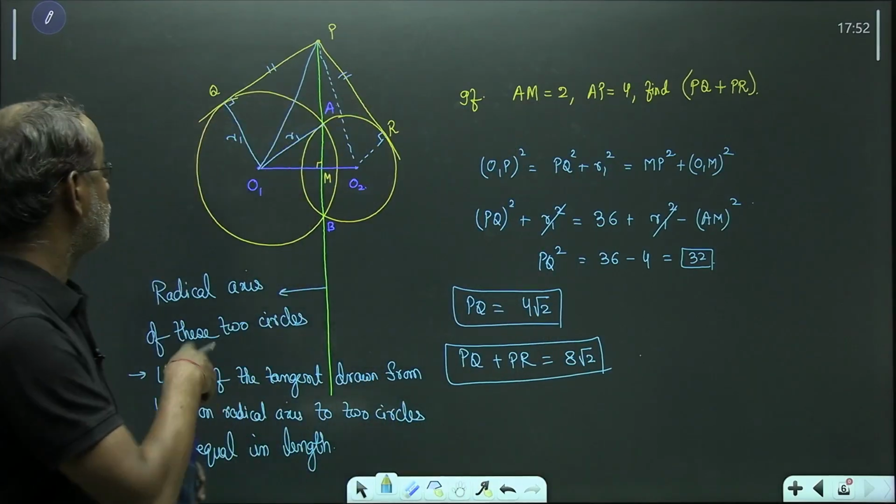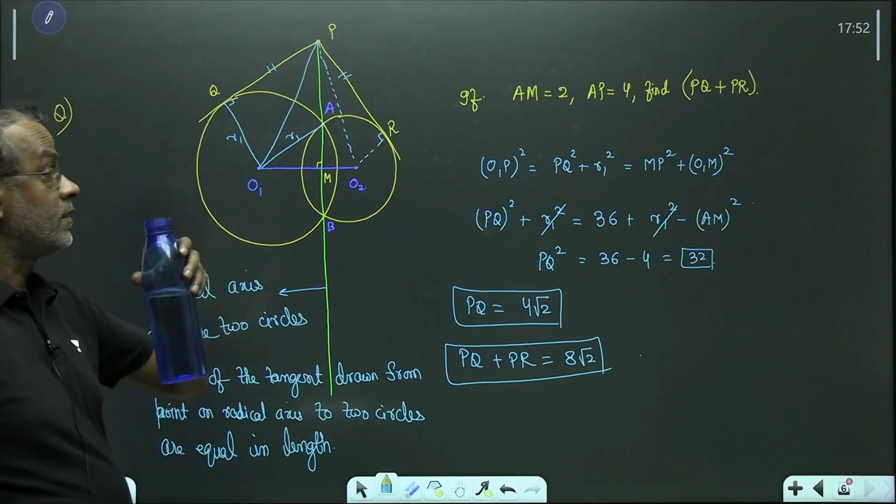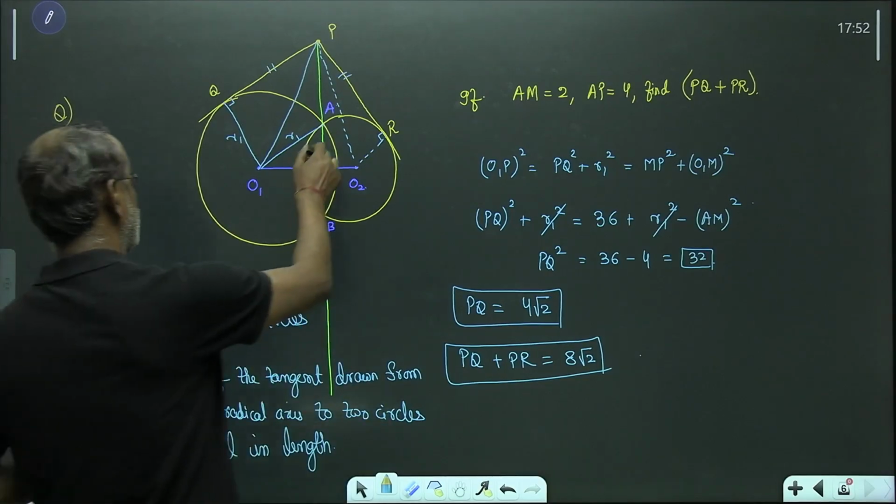In the case the two circles are intersecting, it is nothing but the common chord. Of course, from a point inside you won't draw tangents.